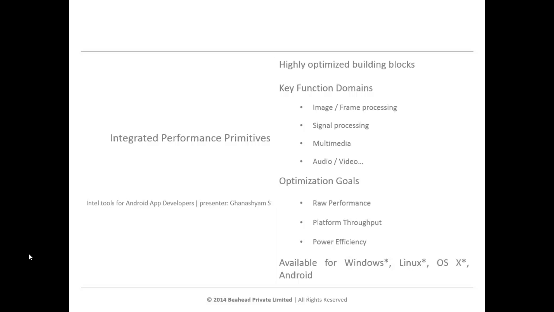As with other Intel tools, this is also cross-platform and cross-operating system, so the same APIs can be used across the platforms. These building blocks are highly optimized using the Intel Streaming SIMD Extensions and Intel Advanced Vector Extensions instructions, so that your application will perform faster than what an optimized compiler can produce.